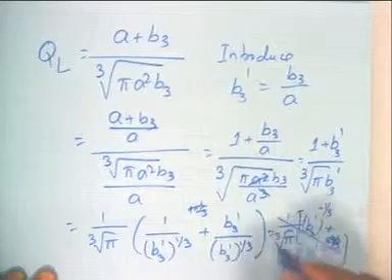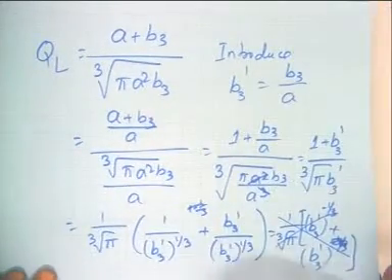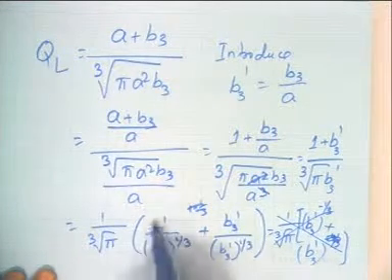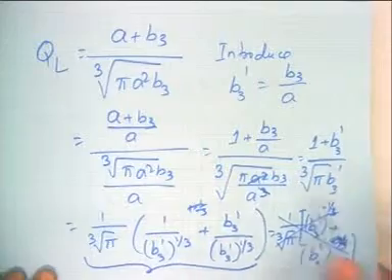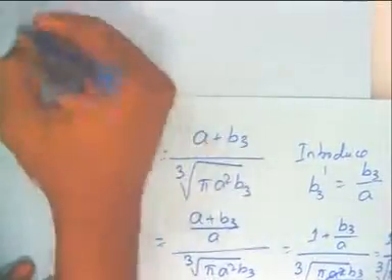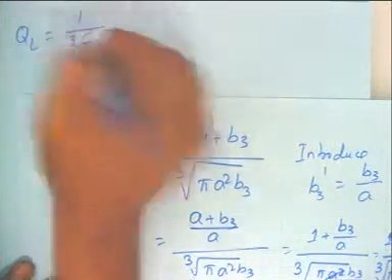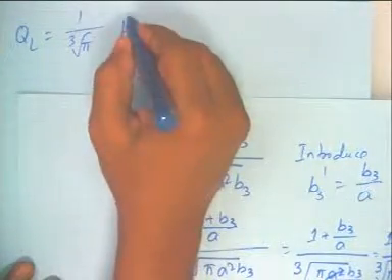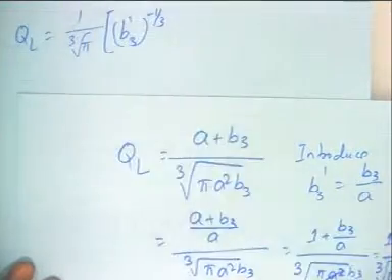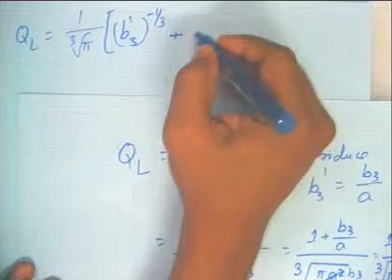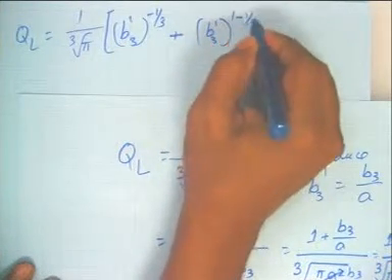Okay. Let me rewrite this portion again. I will rewrite 1 over cube root of pi. So, QL will be 1 over cube root of pi, B3 prime minus 1/3, plus B3 prime to the power 1 minus 1/3.